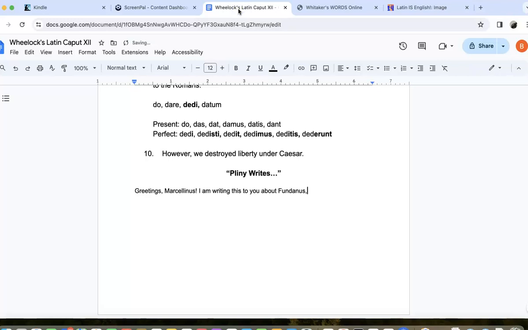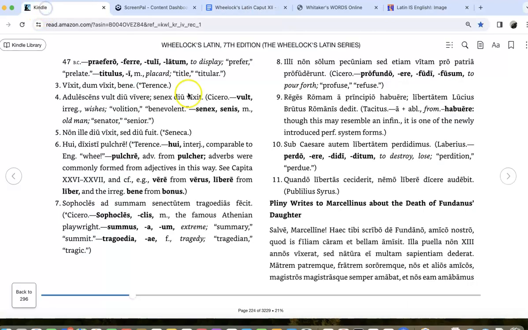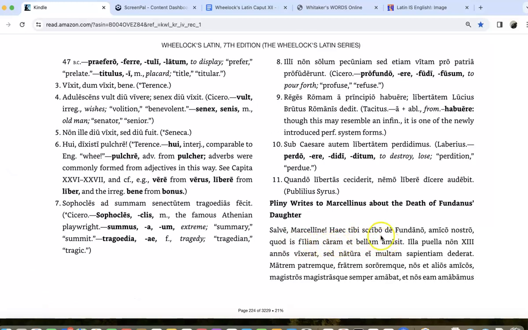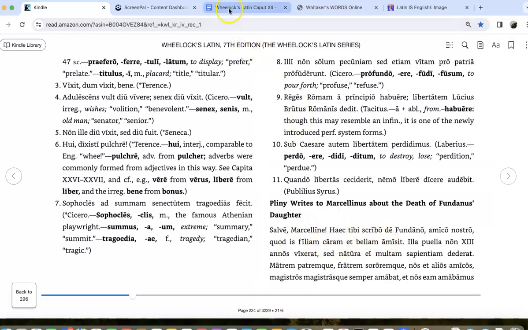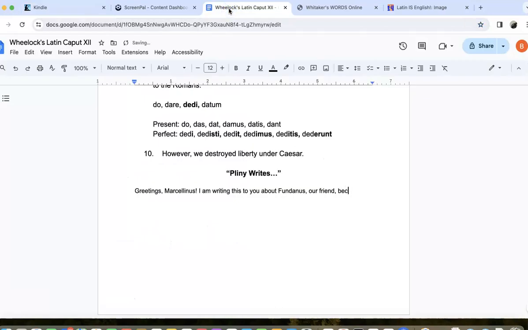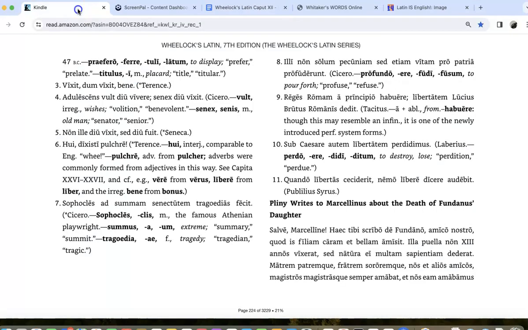So here's just a possessive: our friend. Because he lost his dear and beautiful daughter. Let's try to explain that.